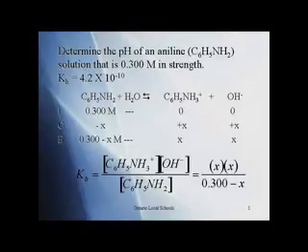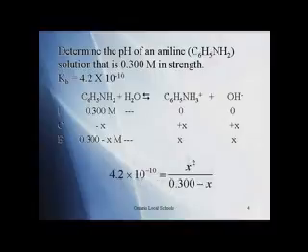Our Kb expression then is the concentration of the C6H5NH3 plus times the concentration of hydroxide ion divided by the concentration of aniline, C6H5NH2, and we can simplify that to X times X divided by 0.3 minus X. Plugging in the actual value, 4.2 times 10 to the negative 10th is equal to X squared divided by 0.3 minus X.